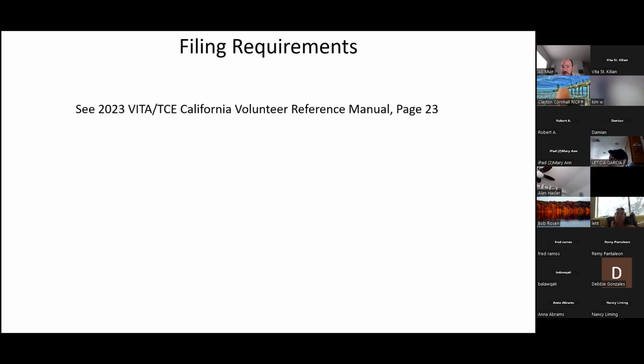It's been my experience with AARP, they've got some really well-trained volunteers. And so sometimes we've actually had clients leave the VITA site and go to an AARP site. And I think we've got a couple AARP folks on the call here. If they wanted to say something about AARP, please do so.